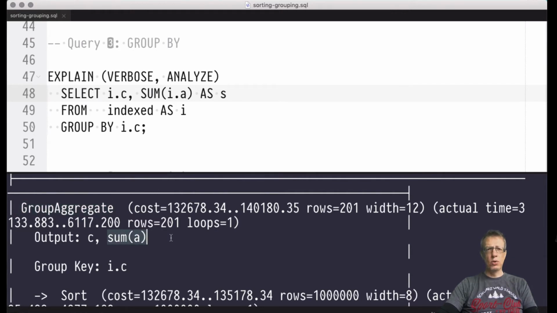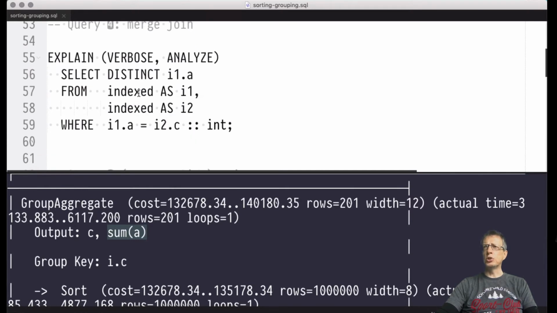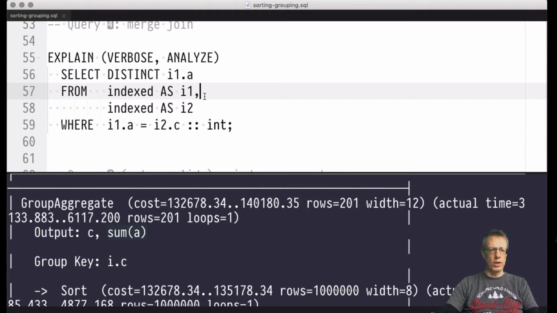We will have a closer look at how grouping is evaluated in later videos in this particular chapter 11. All right, and then there's the merge join, the self join between the rows of the index table that is based on this equality condition. And joins with such equality conditions can be evaluated using the sort merge join algorithm. Let's have a look.